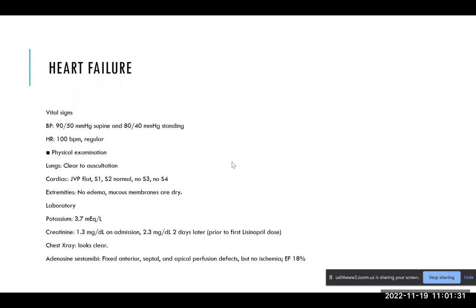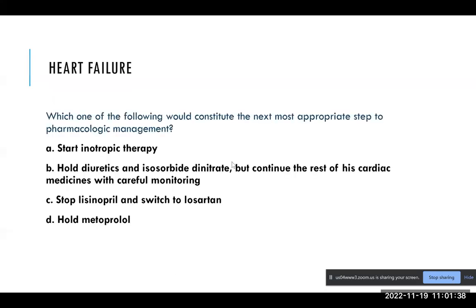Adenosine nuclear scan showed fixed anterior septal and apical perfusion defect, but no ischemia. Which one of the following constitutes the most appropriate management? Start inotropic therapy, hold diuretics and isordil but continue the rest of his cardiac medication with careful monitoring, switch lisinopril to losartan, or hold metoprolol.